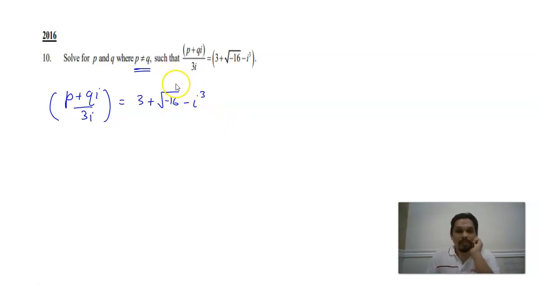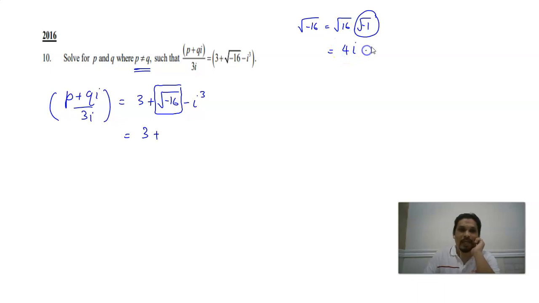Okay, before that, let's take a look at this. This is 3 plus square root of negative 16, which is square root of 16 times square root of negative 1, and this is i, right? Okay, so square root of 16 equal to 4i. So 3 plus 4i minus i cubed.